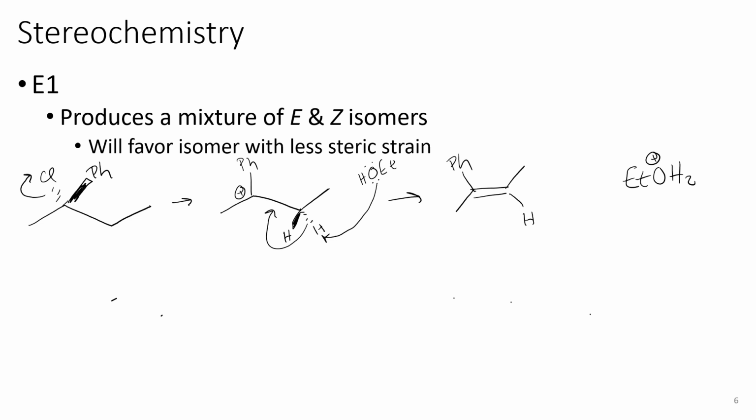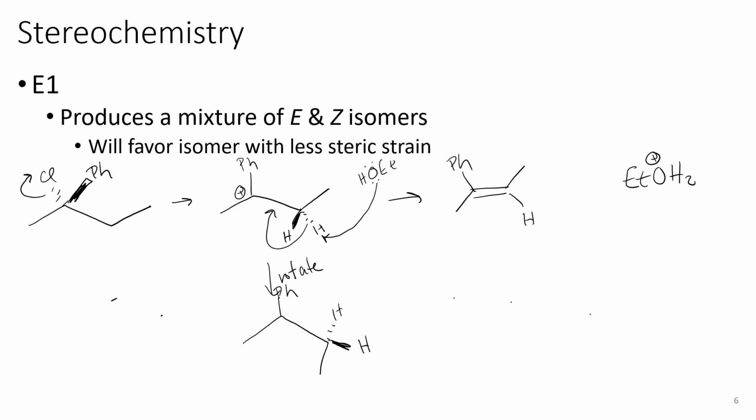But one of the things that we have to remember here, and how we're going to get to the other isomer, is that we have freedom of rotation around that single bond. So all I'm going to do is see rotation around that bond. Instead of having the methyl group be on the same side as the phenyl group, it's actually going to be on the opposite side of the phenyl group. Remember, that bond is constantly rotating.